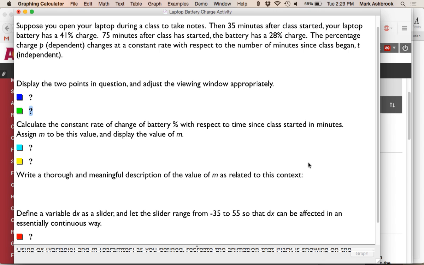So you've got a series of tasks here. First, don't start yet, just listen. First you're going to display the 2 points given as T being the independent variable and P being the dependent variable.